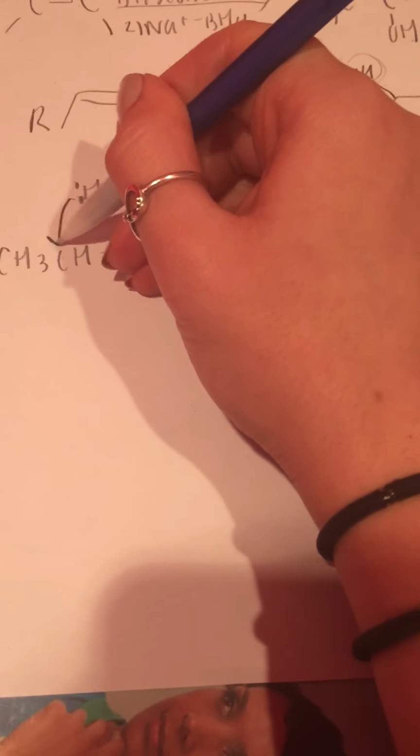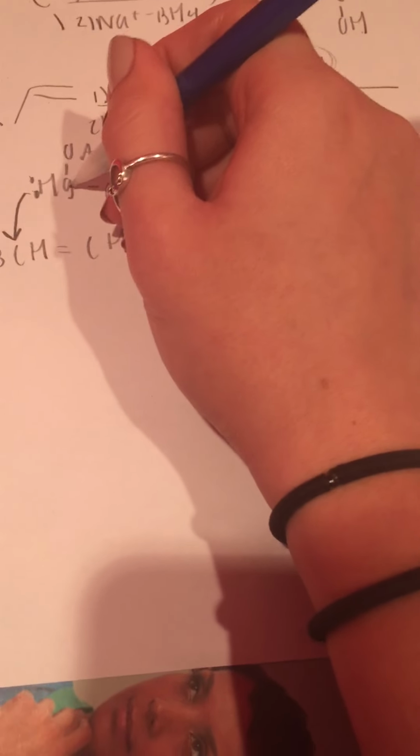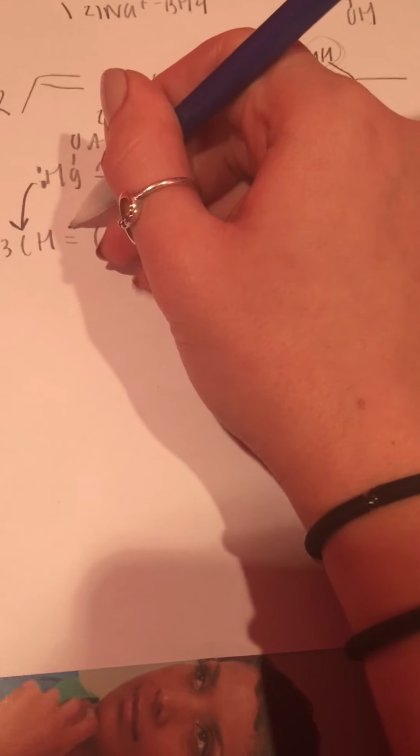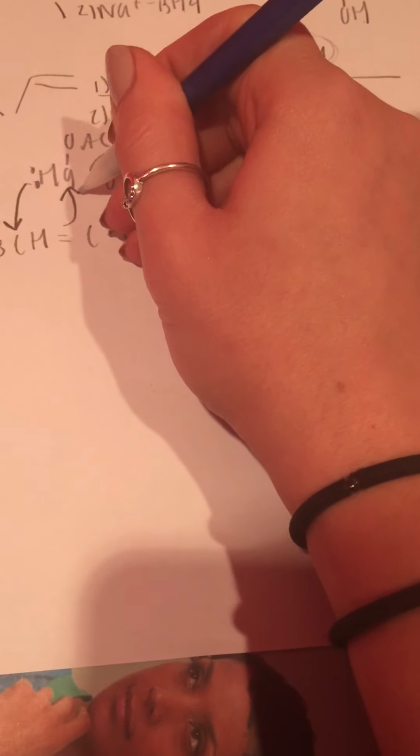So first, the lone pair on the mercury would go down to the carbon. The bond connecting the mercury to the acetate would go here to the oxygen, and the double bond would go back to the mercury. So you can see how this would form the mercurium ion.